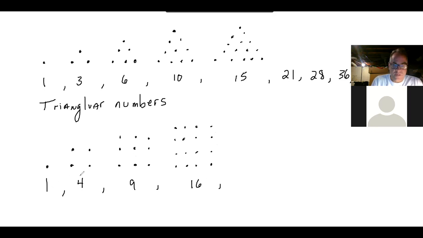And then it should not be lost on you. When I look at this sequence, these are all perfect squares. And to find the next term, it looked like I added 3 here to get that. Then I added 5 here to get that. And then I added 7 to get that. So I would conclude I would need to add 9 to get to the next term. And that's exactly what I would need to add.